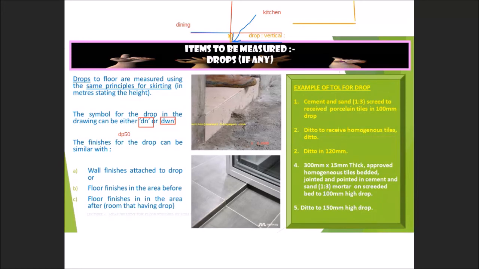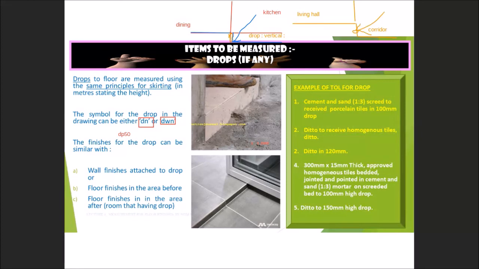Okay, this is, let's say, living hall, and then this is corridor, or maybe a car porch. So when you go outside the building, you also can see the drop. Okay, so this part is known as the drop, this one.